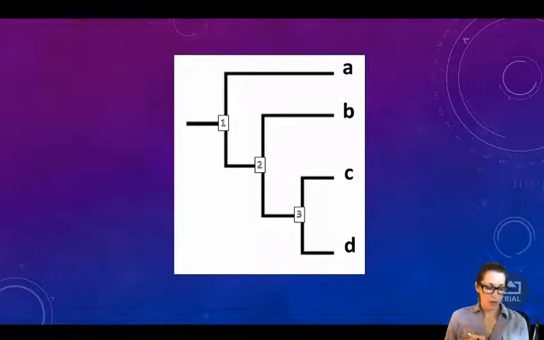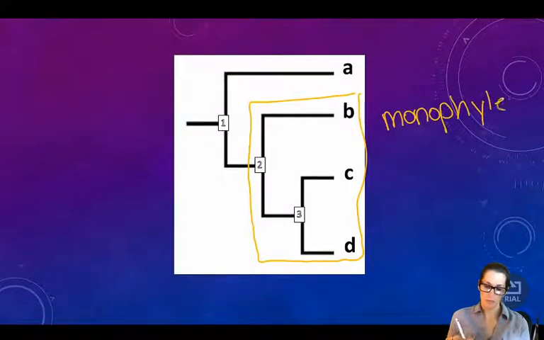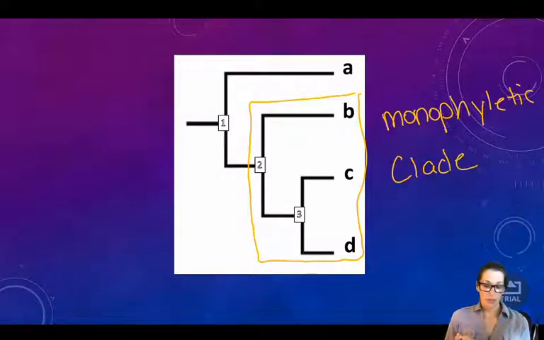We talked about that any group that includes a common ancestor and all of its descendants, we call this a monophyletic group. We also call this a clade. So this entire thing is a clade.